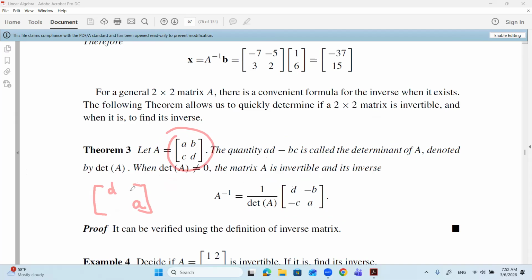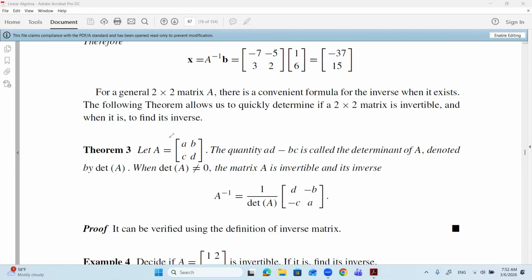So B becomes negative B, C becomes negative C. But that's not yet the inverse. According to the formula, you have to multiply this matrix by a scalar, which is the reciprocal of the determinant of A. So the inverse is represented by this matrix. That's the conclusion of the theorem.